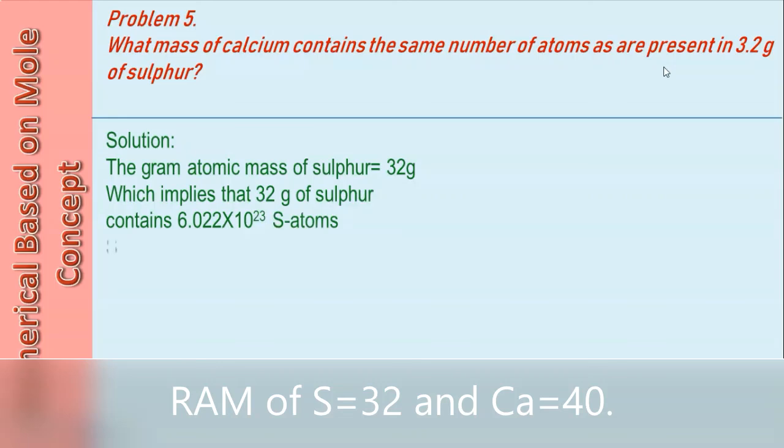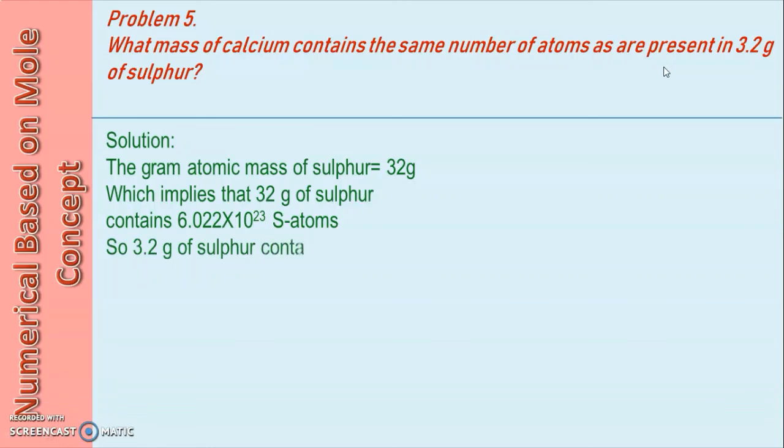So 3.2 gram of sulfur contains 3.2 divided by 32 into 6.022 into 10 to the power 23, which is equal to 6.022 into 10 to the power 22 sulfur atoms.